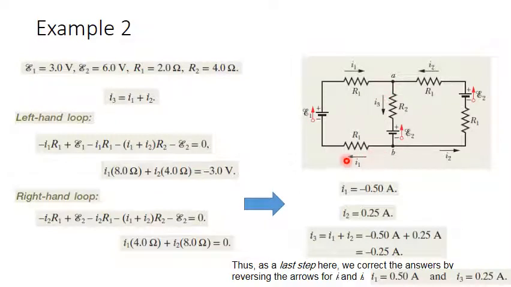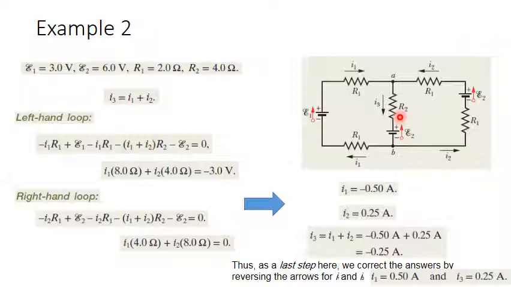What are the values of I1, I2, and I3? Assuming that E1 is 3 volts, E2 is 6 volts, and this other E2 is also 6 volts, and R1 is 2 ohms, R2 is 4 ohms.